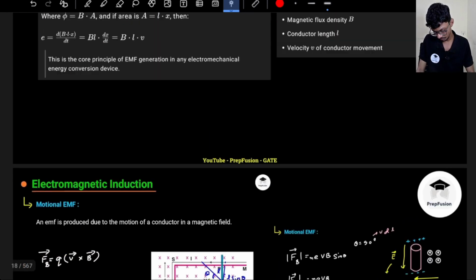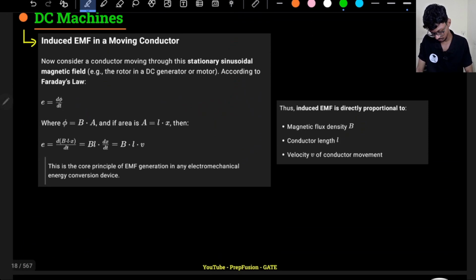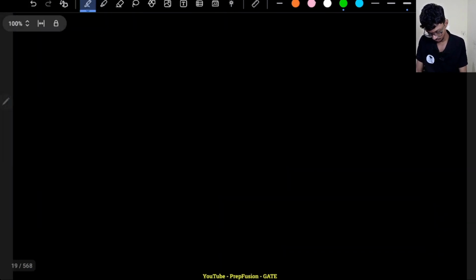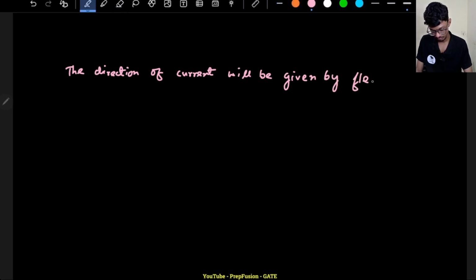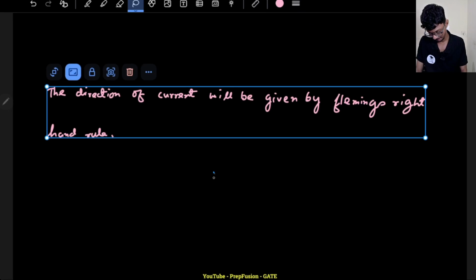So I will write here: direction of current will be given by Fleming's right hand rule. This will be the direction of current basically.